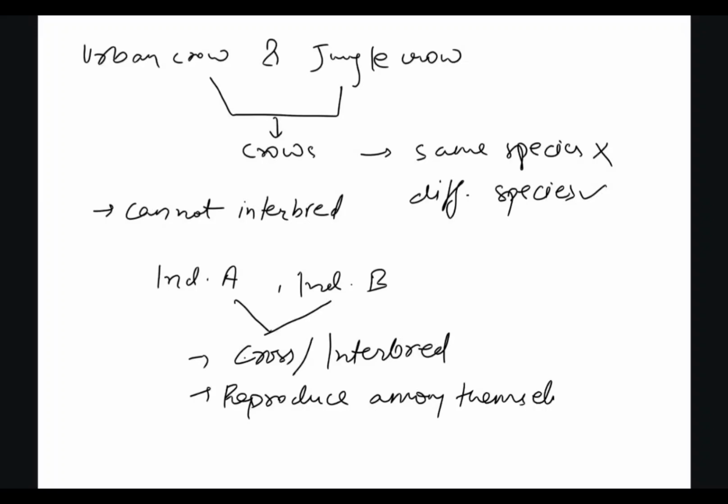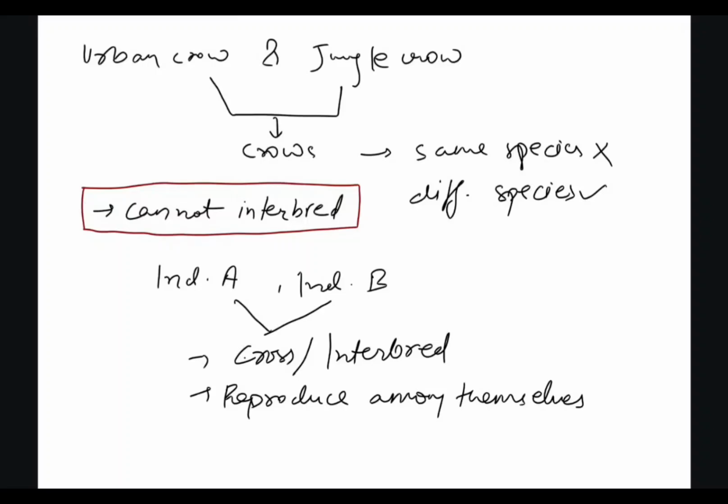So unless and until individuals are able to reproduce among themselves, we must not say that they belong to the same species, right? So I think you can take it from here. Unless and until organisms can interbreed, they do not belong to the same species, right?